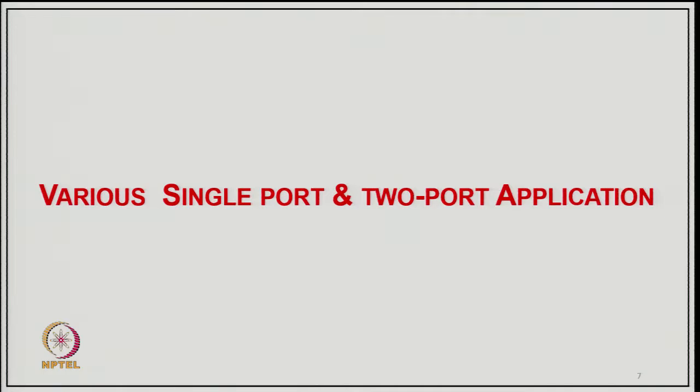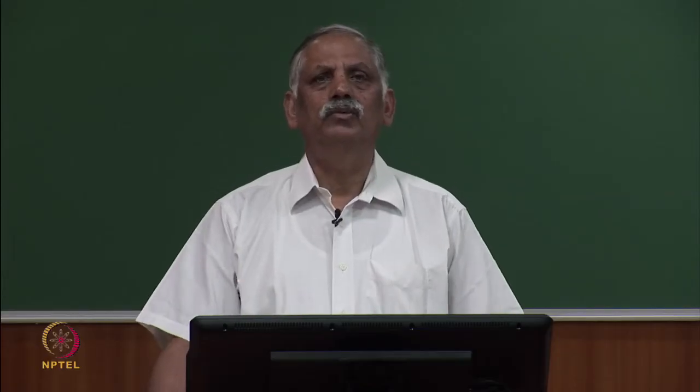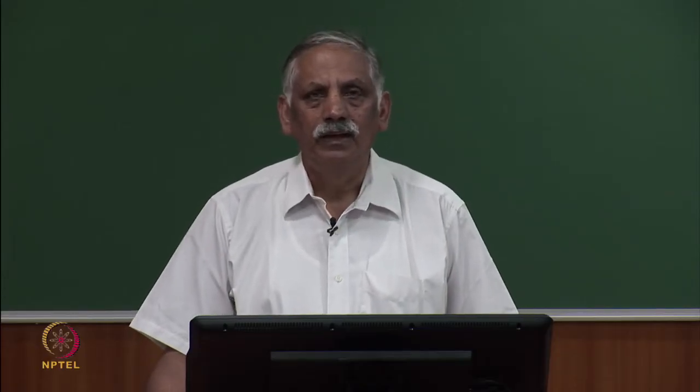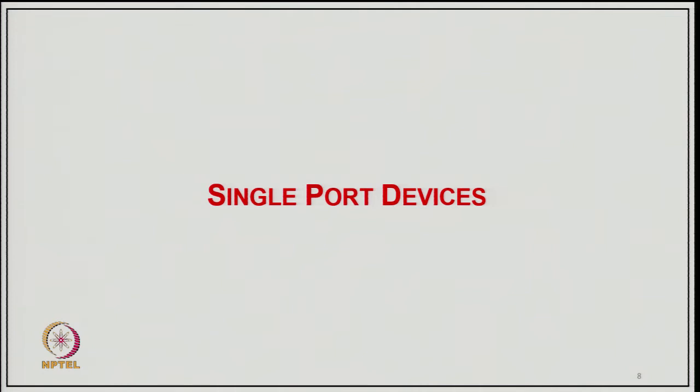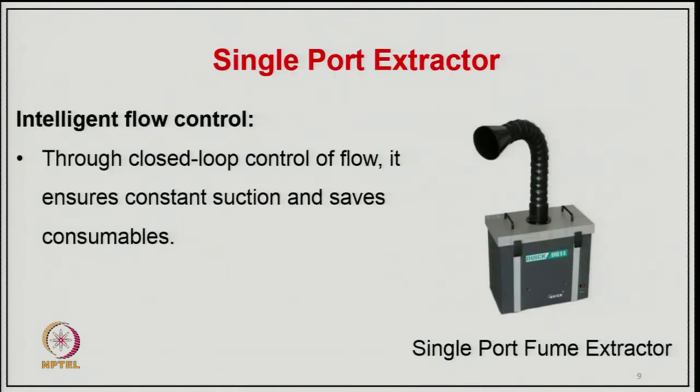Coming now to the concept of various single port and two port practical applications in the field, let us take examples of single port devices. We have the single port extractor, typically with intelligent flow control. Through closed loop control of flow, it ensures constant suction and saves consumables; this we call a single port fume extractor.